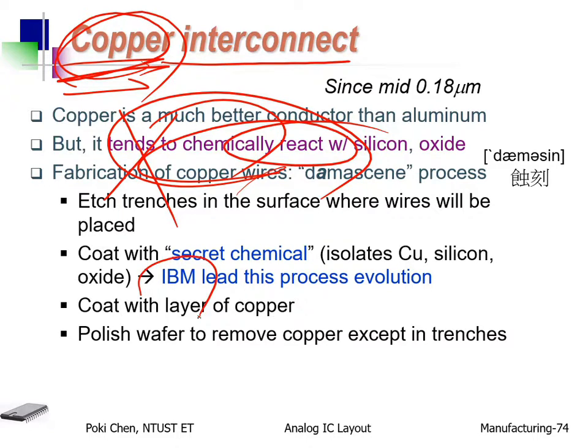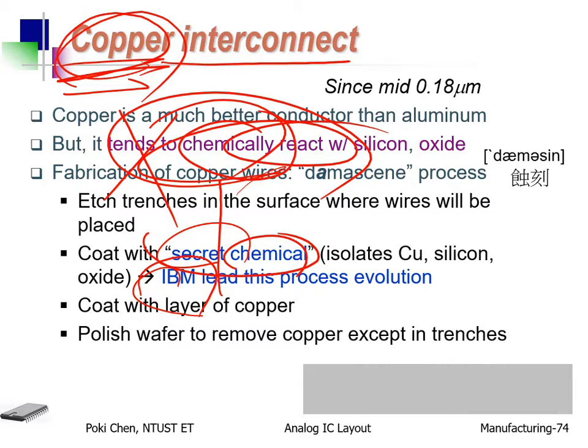So how to stop such kind of chemical reaction between copper and silicon? IBM. Again. It is the one to get the first idea. Nobody would like to tell you what kind of chemical can stop such kind of reaction, because it means a lot of money, right?